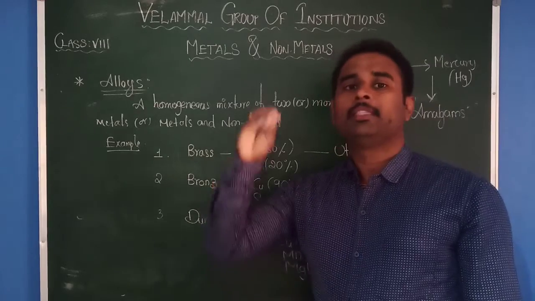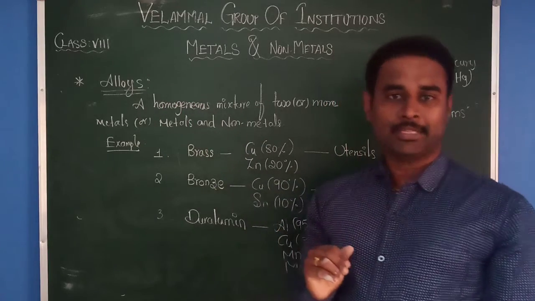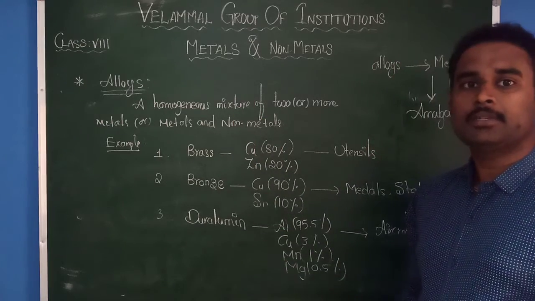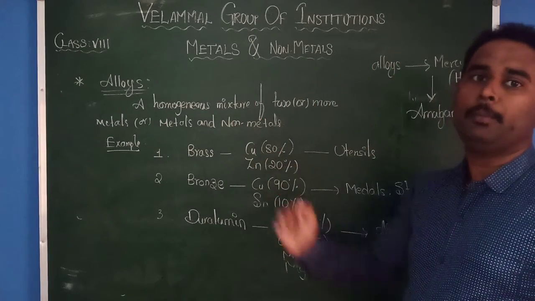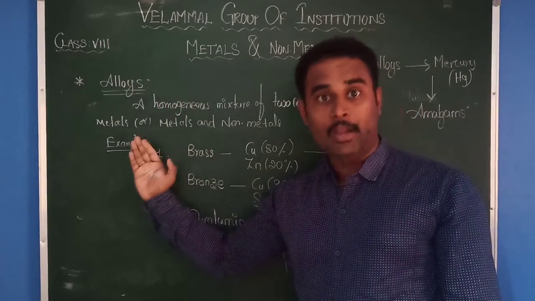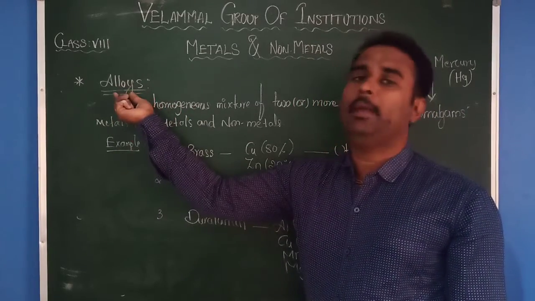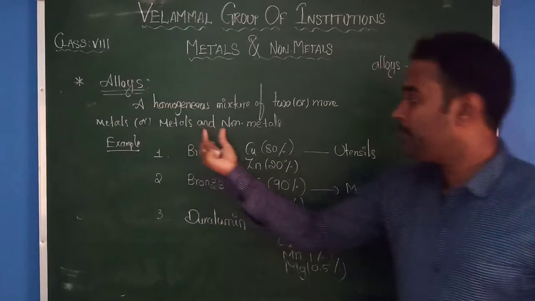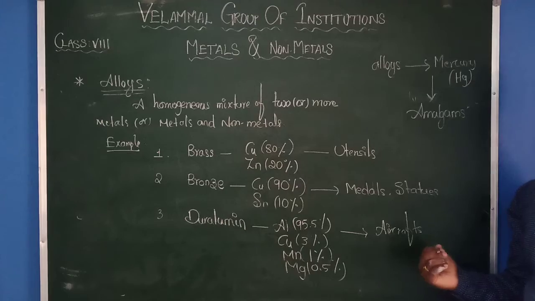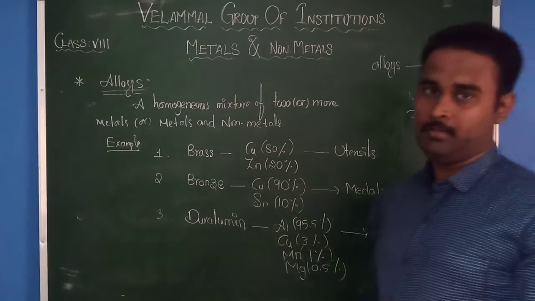That means the non-metal oxides act as acids. In today's class, we discussed the uses of non-metals, what alloys are, the advantages of alloys, why we need to make alloys, and the different types of alloys, their composition and their uses. The important one is amalgams.